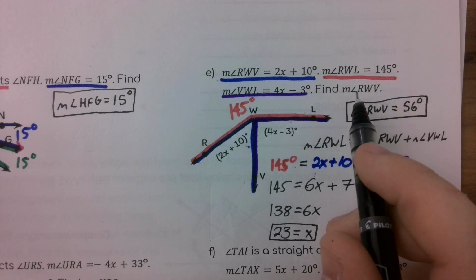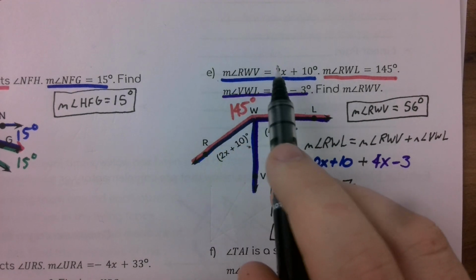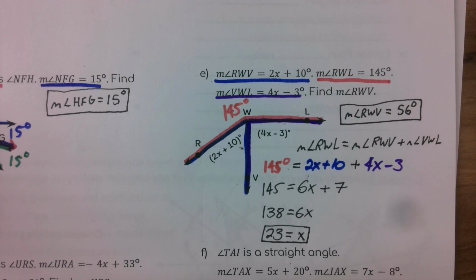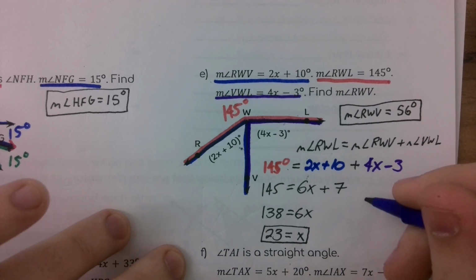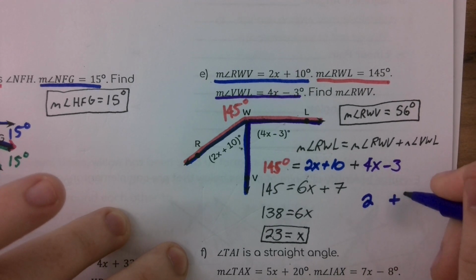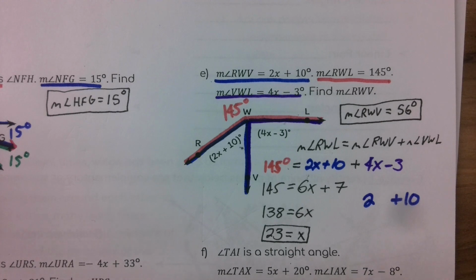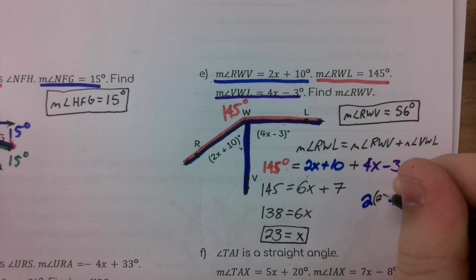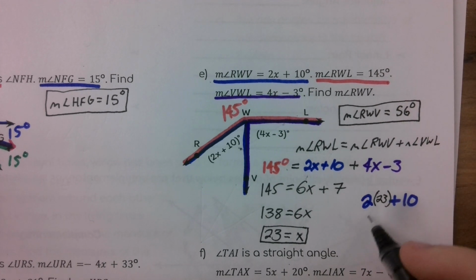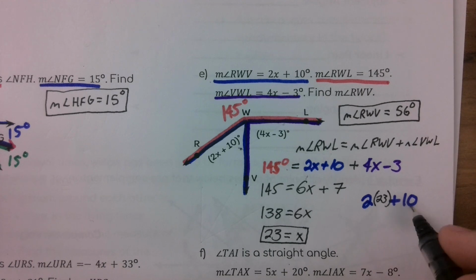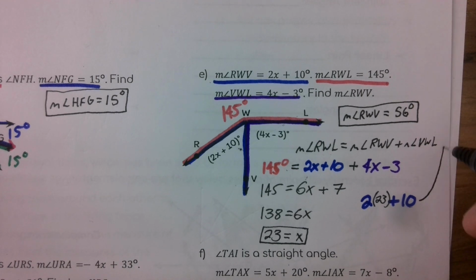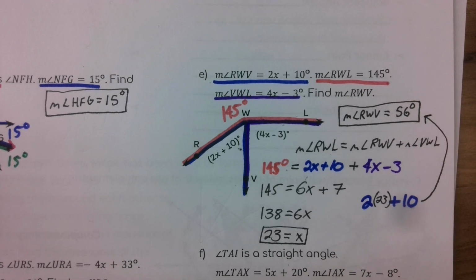We had to find RWV, our blue angle here. So if RWV was originally 2x plus 10, but we know that x is 23, we just have to plug in 23 here. 2 times 23 is 46, plus 10 gives us 56 degrees.